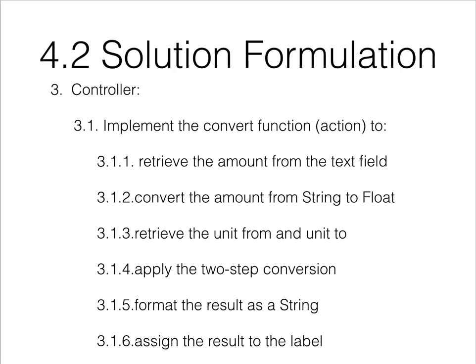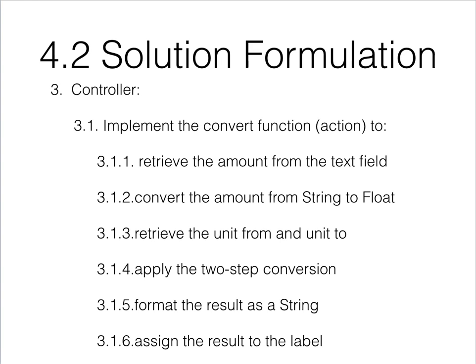So we're going to have to convert that from a string to a float. And we're going to introduce two new classes, NSNumber and NSNumberFormatter, in order to make that conversion.